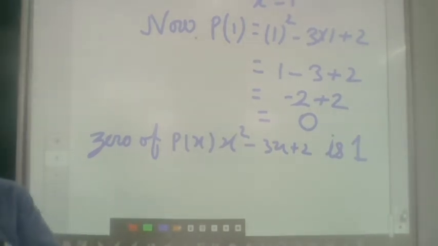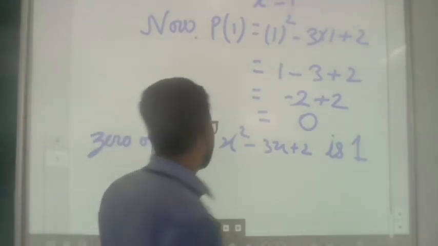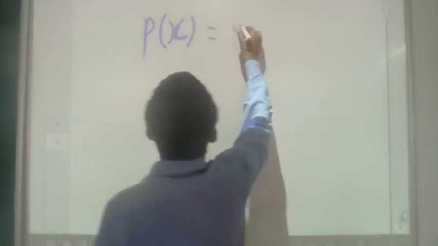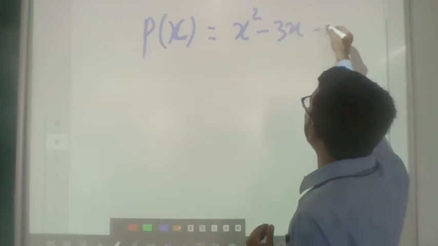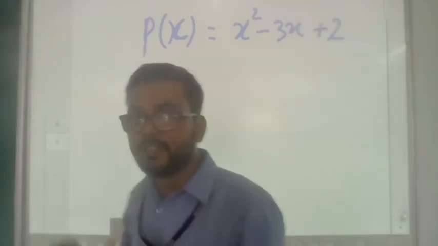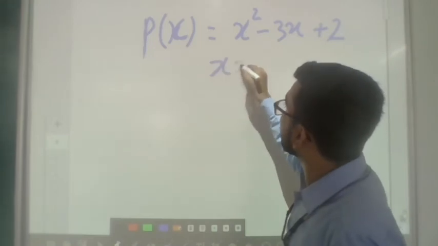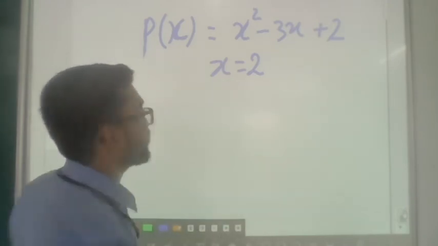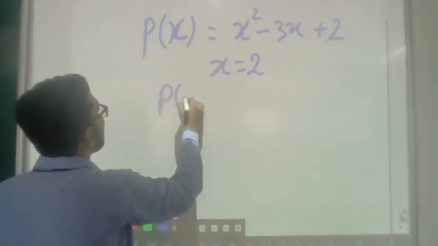If we take one more example, suppose the same polynomial P(x) is x squared minus 3x plus 2. If we replace the variable by 2, what do we get?